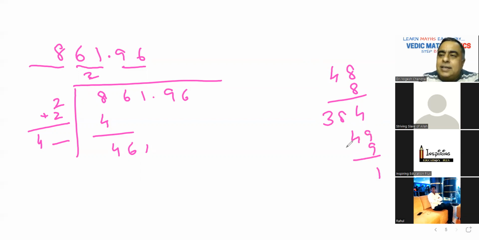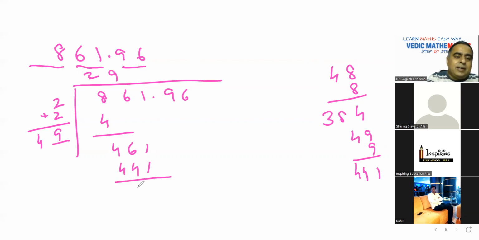9981. 36 and 441. So it is ideal, 1. Correct. So I have 2, 9, 441, 20.